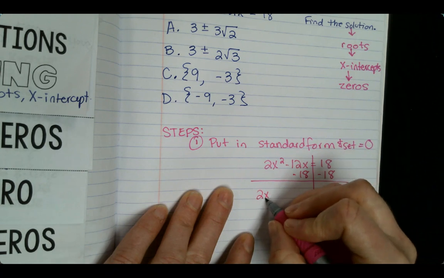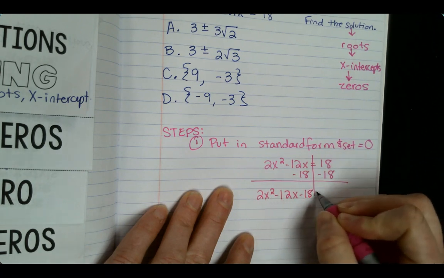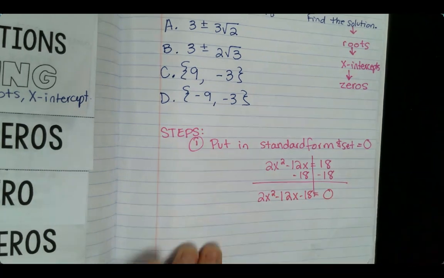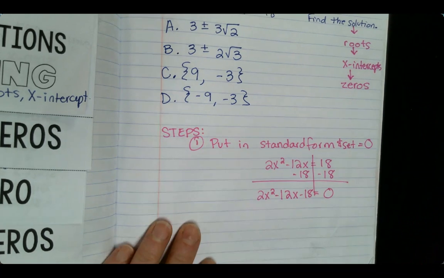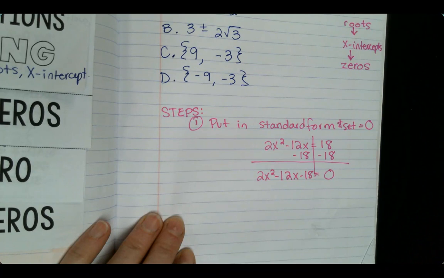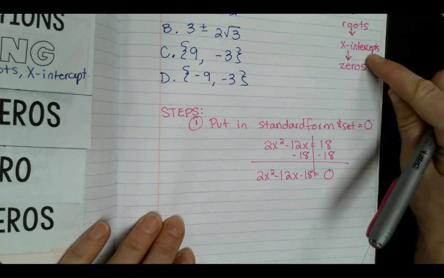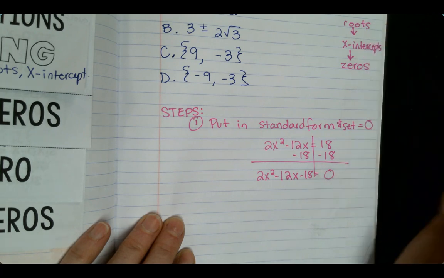So this is 2x squared minus 12x minus 18 equals 0. We're going to use our calculator because what we're finding is where it crosses the x-axis. It's our x-intercept. Our solution is our x-intercept, zeros, roots, and solutions.